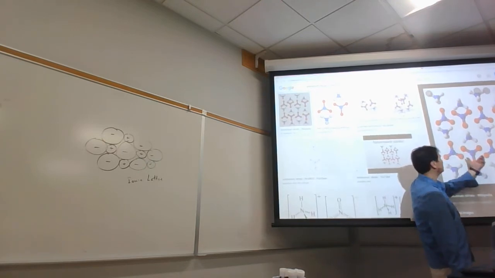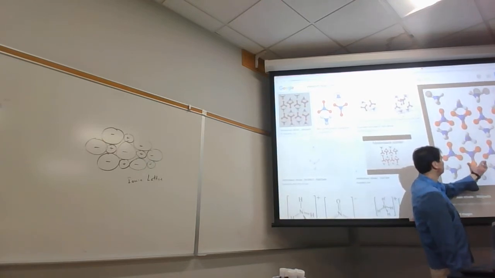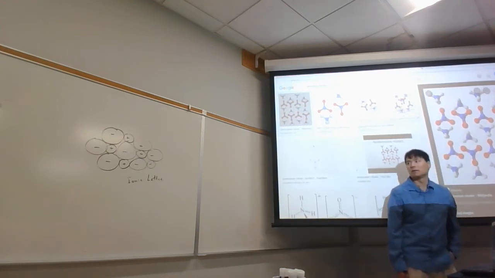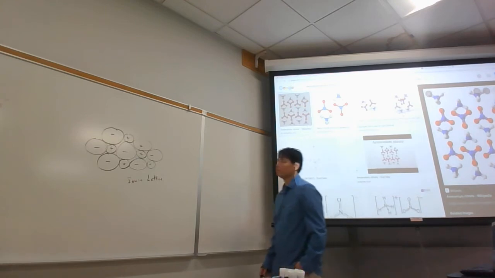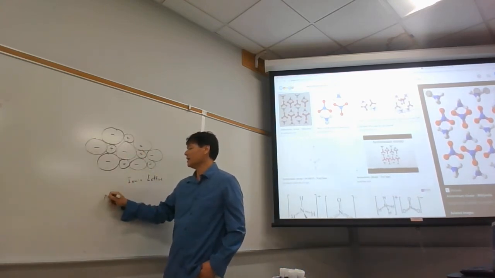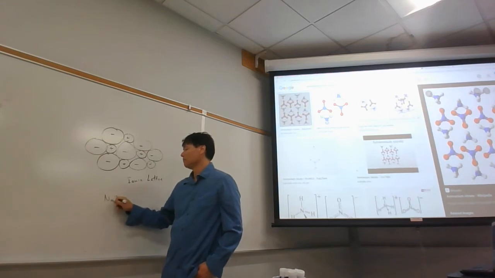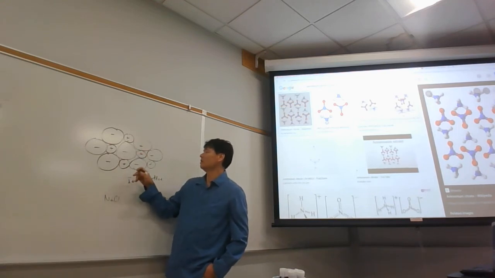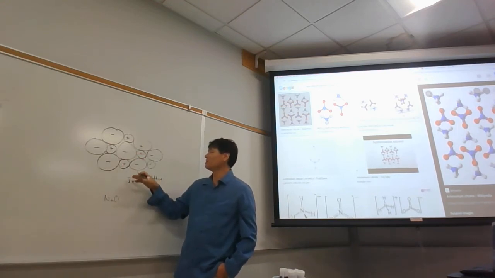You can't because it's not a discrete unit. Either one, it doesn't matter. They're both the same. And so the same thing here. This is what we call, for example, NaCl. The sodiums are the positive, the chlorides are the negative. And so when I look at it, I'll just pick the simplest unit. So pick any of these sodiums.